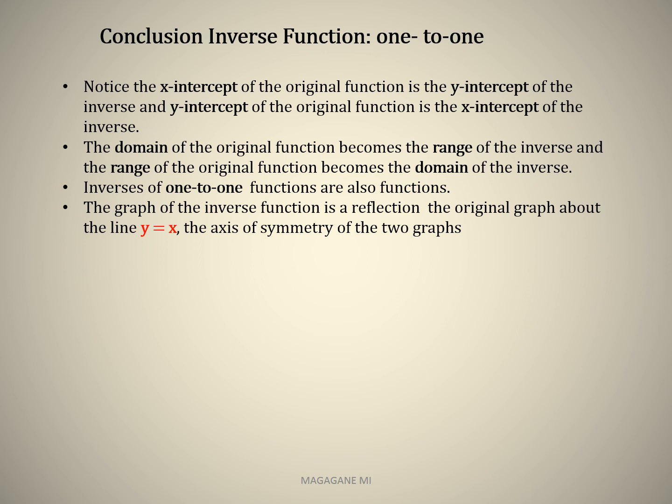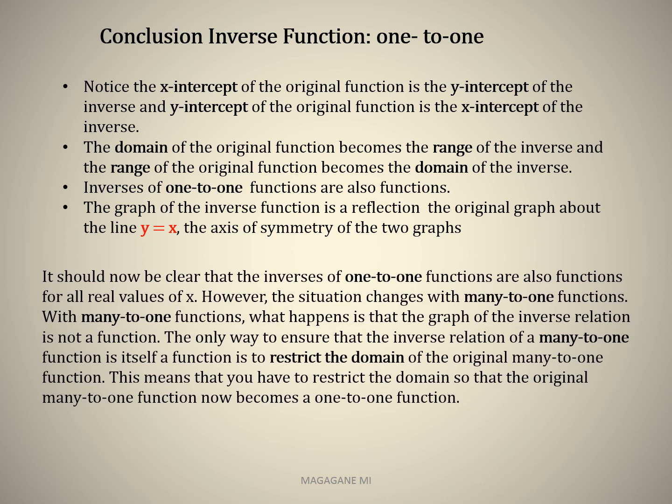So the domain swaps with the range. Inverses of one-to-one functions are also functions. The graph of the inverse function is a reflection of the original graph about the line y equals x, the axis of symmetry of the two graphs. It should be clear that the inverses of one-to-one functions are also functions for all real values of x.